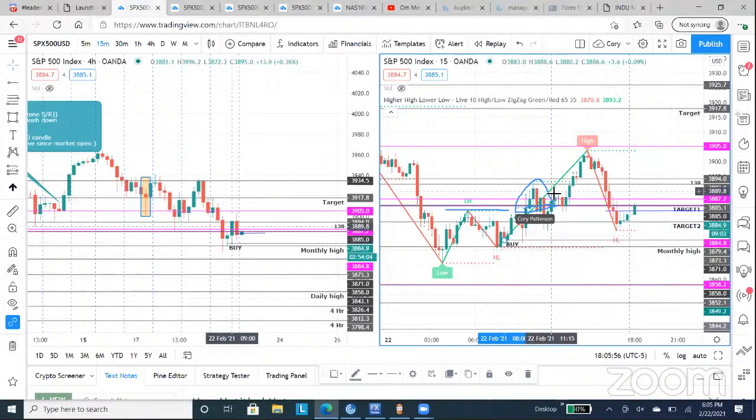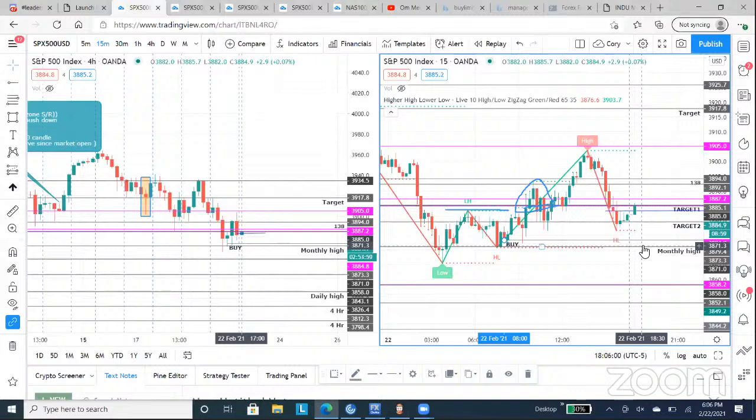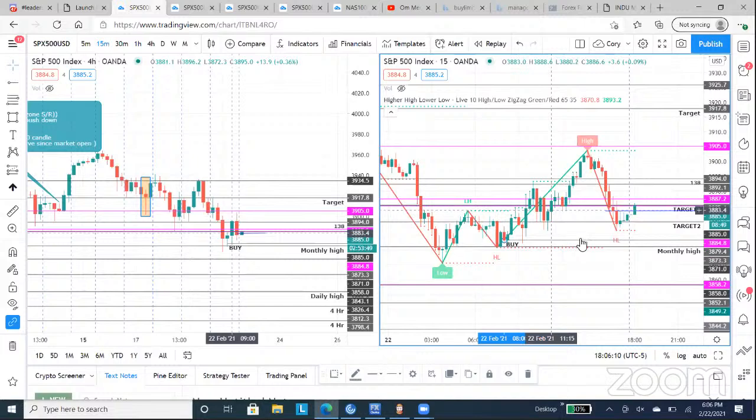That's your sign that this could keep going up to this point right here. Once this got taken out, not only was this an entry, but this was a break and retest entry right here. And then you could have caught this move.